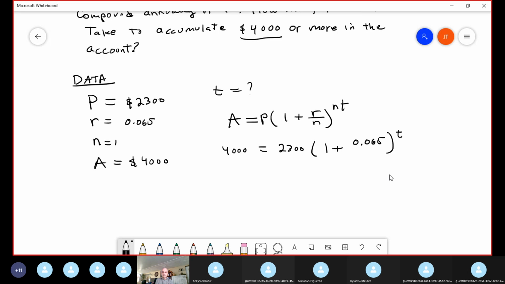Do you understand this equation now? T is the only variable in my problem.